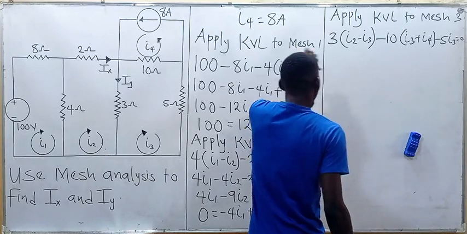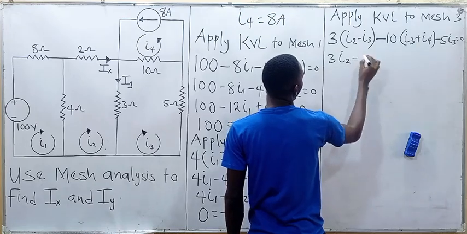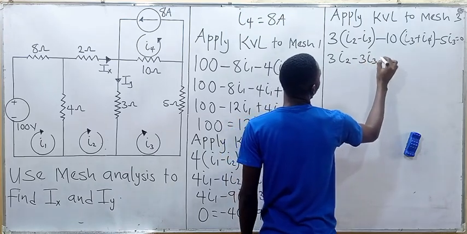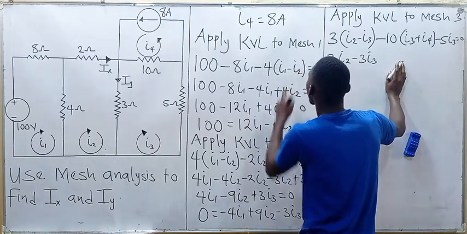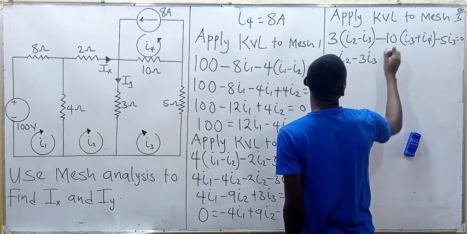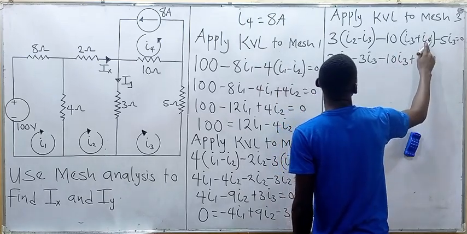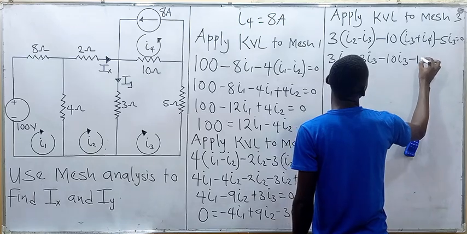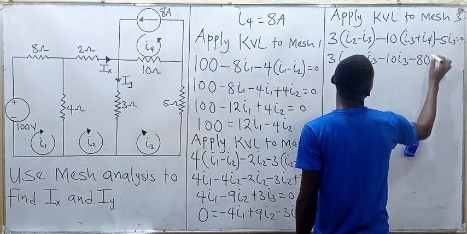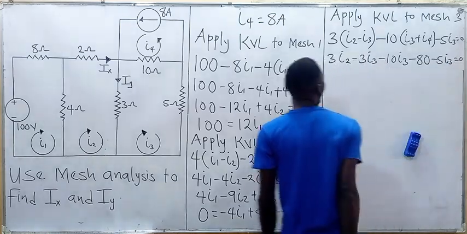So we are going to have 3I2 minus 3I3, then -10, but our I4 is already 8, right? So this is going to be -10 I3 plus, this is going to be 8. 8 times 10 is 80. So it's going to be -80 minus 5 I3, which will be equals to 0.